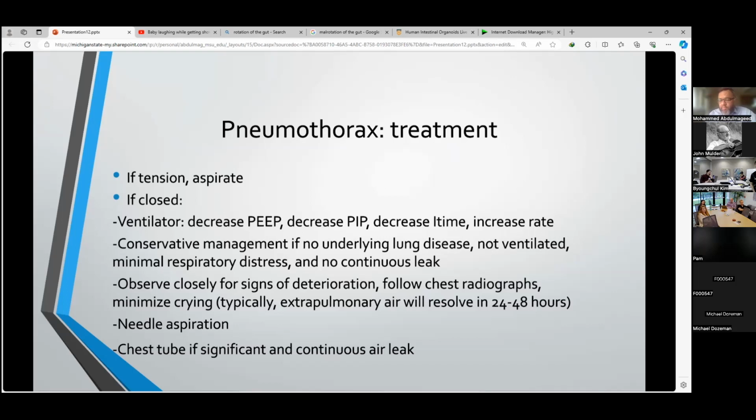Do not aspirate. Usually just observe for 48 hours, until the pneumothorax is spontaneously absorbed. But if it's not, or it's getting bigger, or it's causing compromise, or if the baby is under mechanical ventilation, you have to aspirate and put in a chest tube.